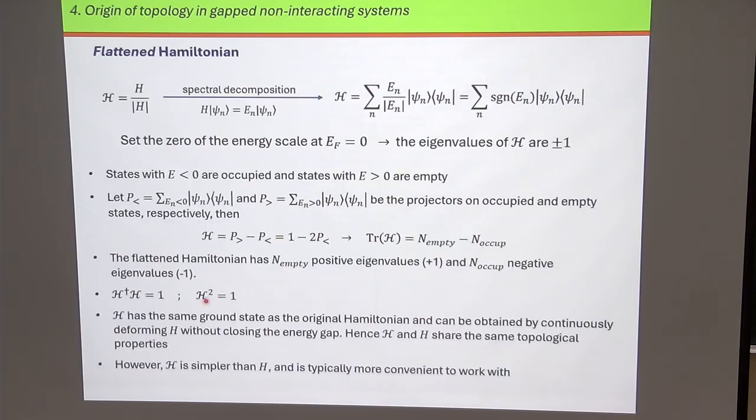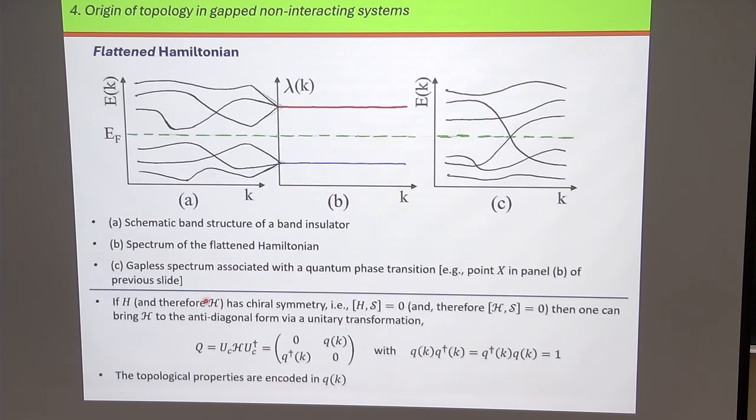The thing that allows you to work with this flattened Hamiltonian instead of the real Hamiltonian is that they have the same topological properties. You can work with H, but if you work with the flattened one, it is simpler, and it has the same topological properties.